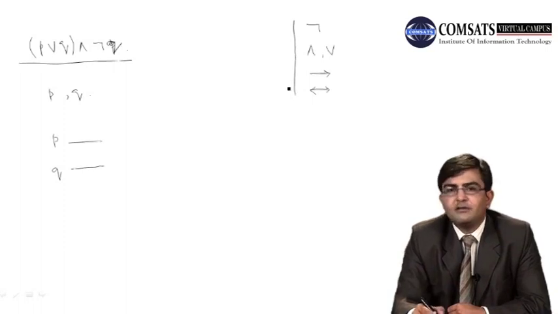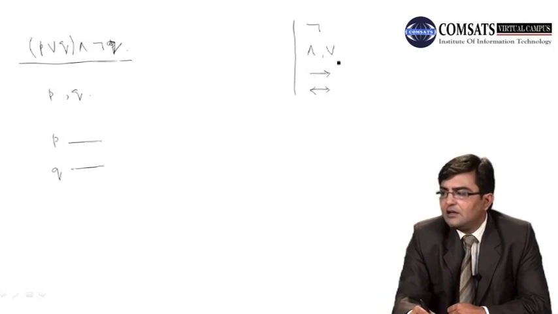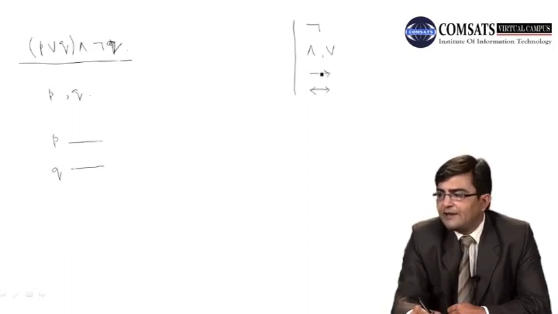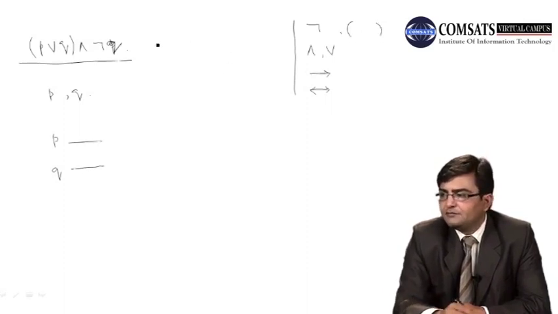So this is the order of preference of logical connectives, unless there are brackets, parentheses given in the logical expression. For example, if we have here (P or Q) in brackets, we must give preference to P or Q, and then AND.